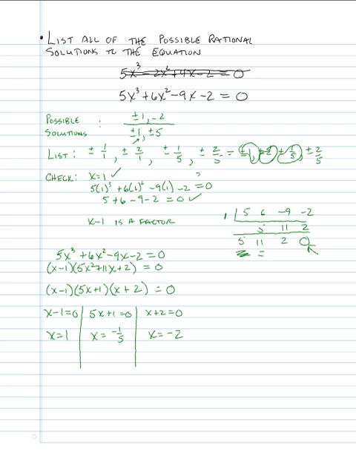And that list really helped us get started because it gave us the idea to divide by x minus 1 because we thought x equal 1 might be a solution. You know, it wouldn't have always necessarily been. So what if x equal 1 wasn't a solution and x equal negative 1 wasn't a solution? Then we would check x equal 2, and we would do that by dividing by x minus 2.